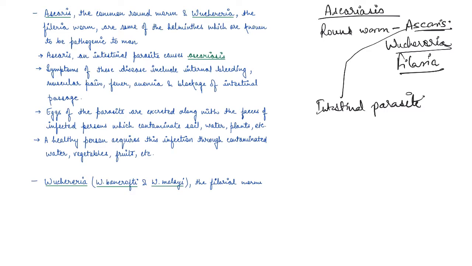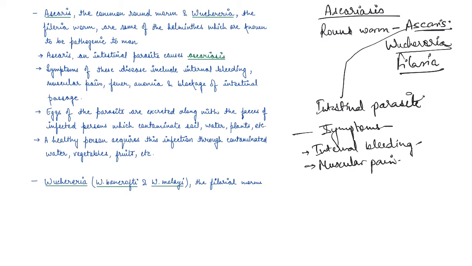Okay, and the disease symptoms are internal bleeding, muscular pain, fever, and anemia. And since it's a disease of the intestine, you have blockage of the intestinal passage as well.